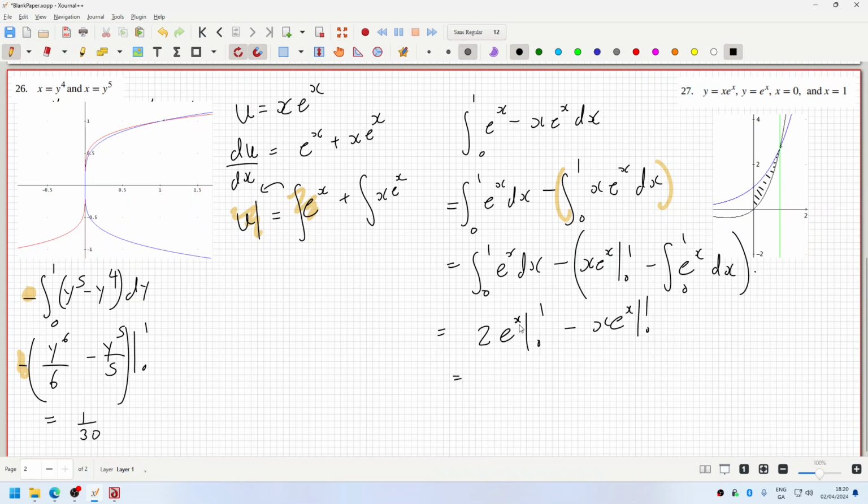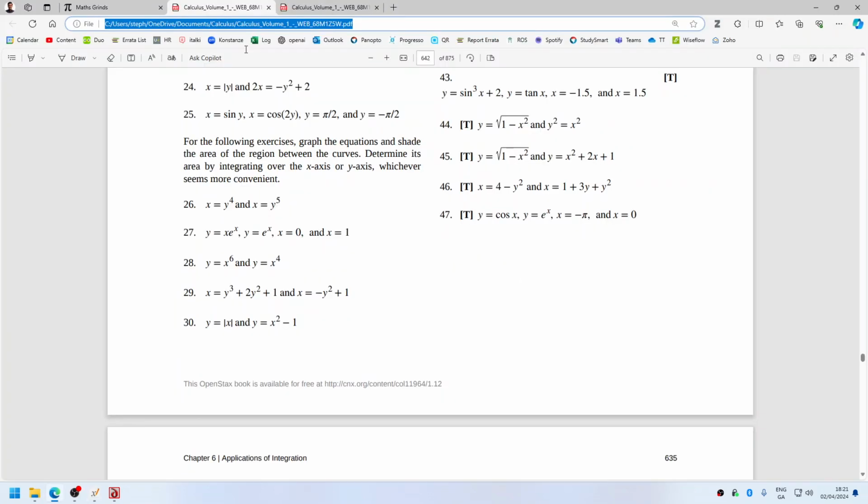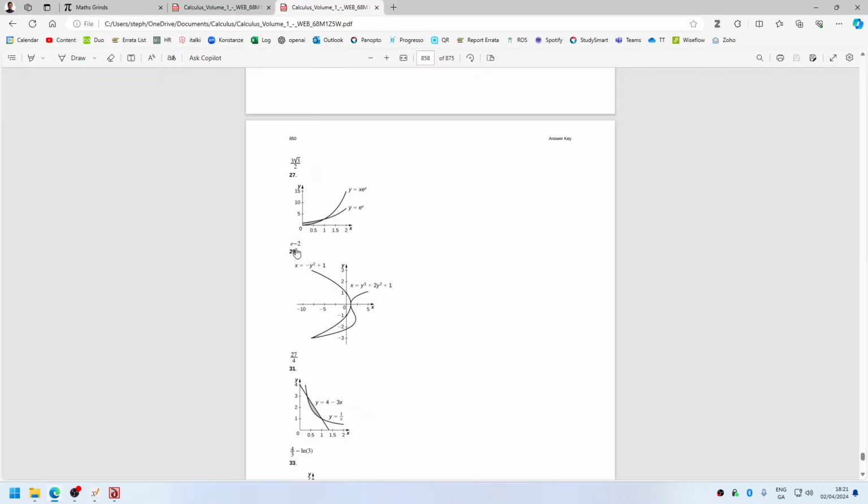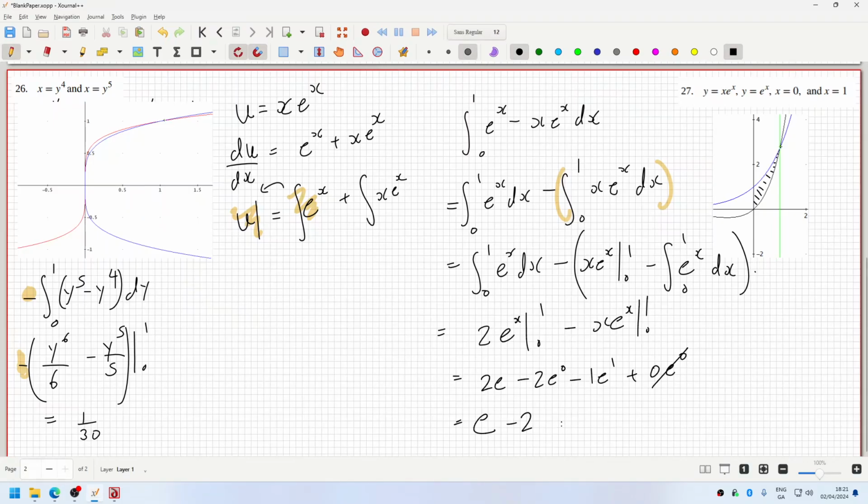So if I put in 1, I get 2e, and 0 minus 2e^0 minus 1e^1 plus 0e^0. So that's gone. That's 2e minus 1e is e minus 2. So roughly 0.718. Let us see. What number is that? 27. e minus 2. Yeah. e minus 2 is correct then for this.